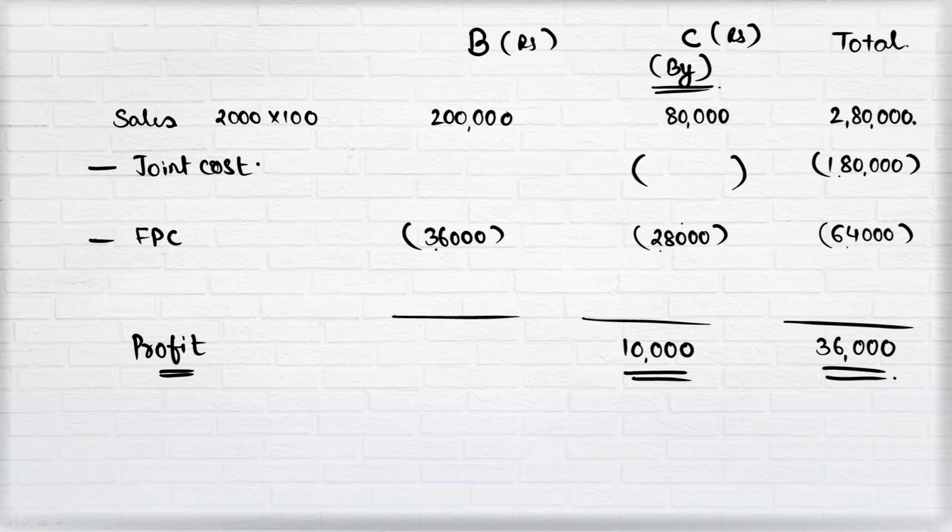It will be 80,000 minus 28,000 minus 10,000. It will be 42,000. 42,000 will be distributed to C. So automatically, what will be distributed to B? 1,38,000. And the profit of B will be 46,000. No, 26,000.